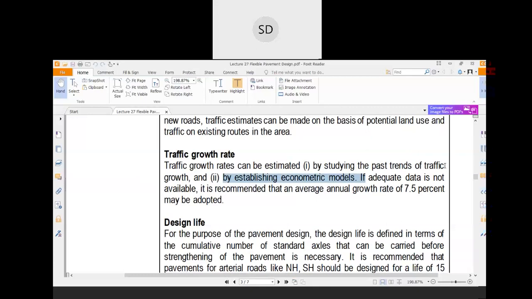You have the traffic data for different years, and you find out by how many vehicles it increased from the previous year. From this data, you can easily find the growth rate and use it directly. If you do not have enough data, you can use 7.5% as the traffic growth rate.